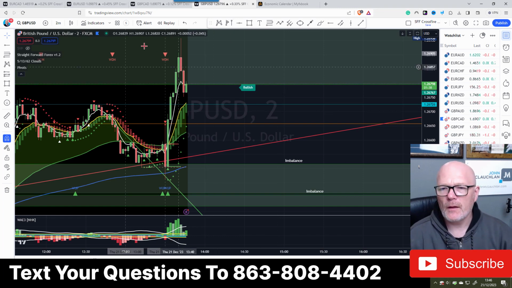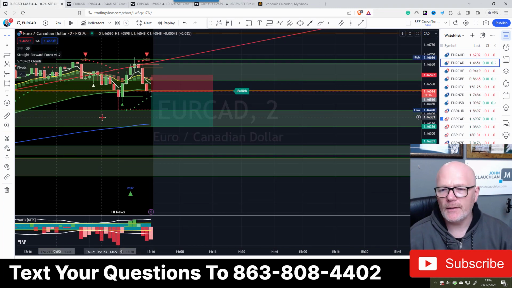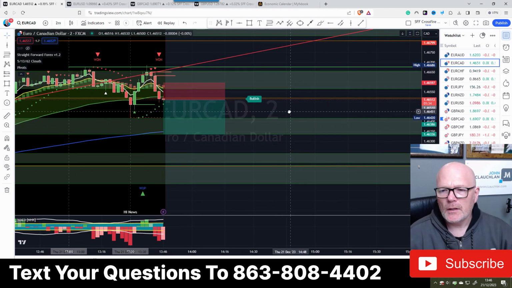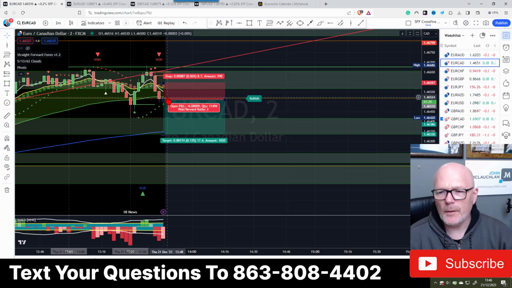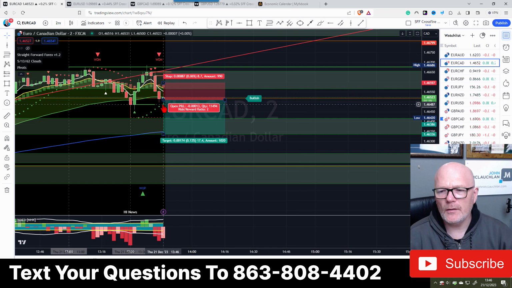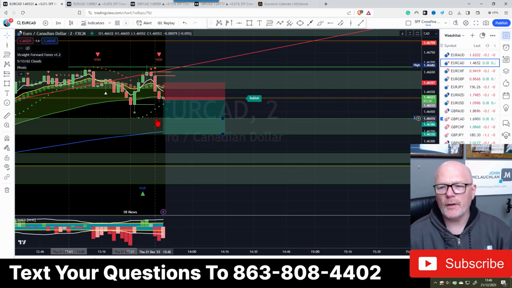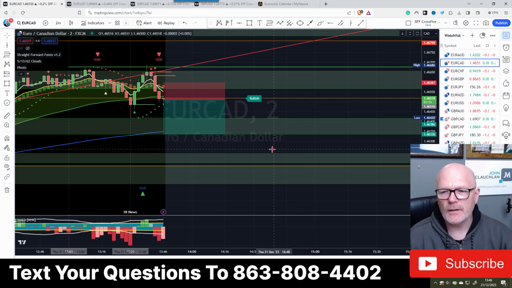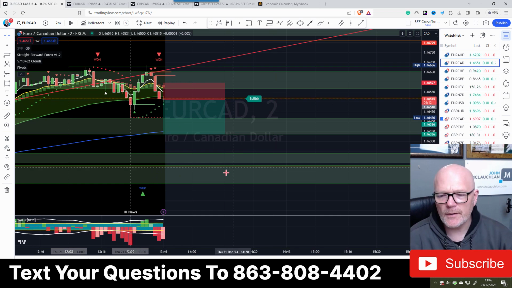Right, Euro CAD. Euro CAD still bobbing around on this pivot line. Okay. Nothing really much happening. We're in a wave down. Okay, we've got the PSAR is flipped for green. Looks like it's going to be taken out in a second, and that PSAR will change to red.